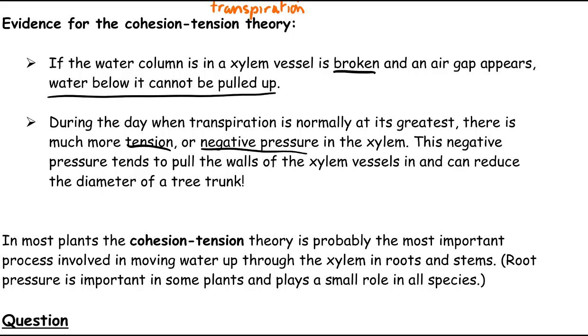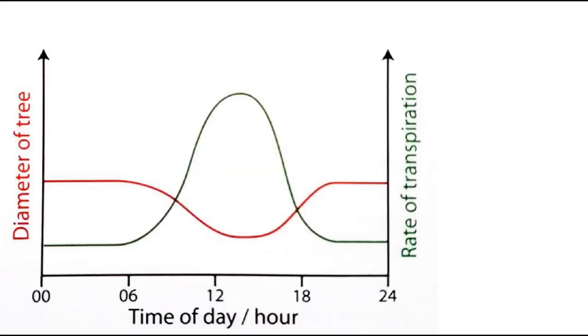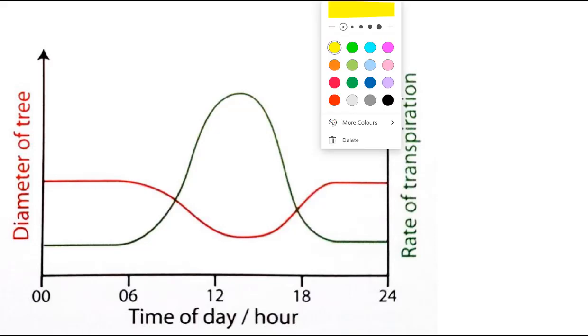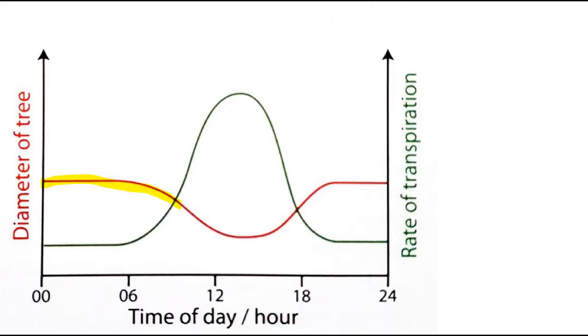The negative pressure tends to pull the wall of the xylem vessels in and can reduce the diameter of a tree, which is actually what we're looking at here. So this shows you how at different times of the day, the diameter of the tree, which is this line, will decrease or change in relation to the rate of transpiration.